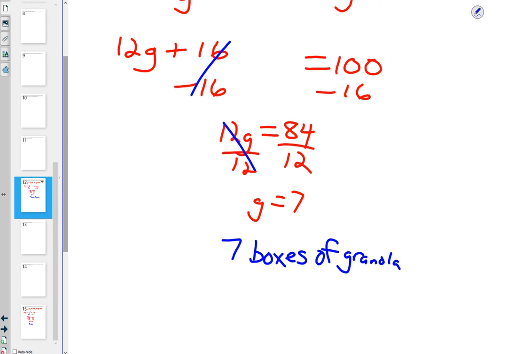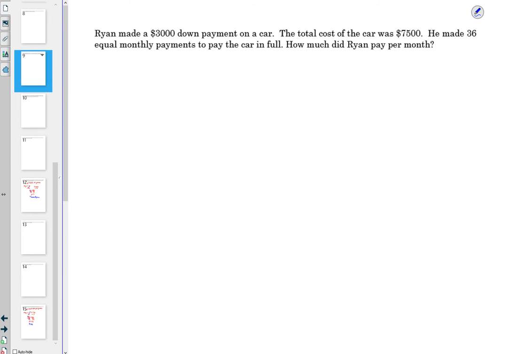This is random. This is like the little wheel of fortune. We just randomly pick one. Ryan made a $3,000 down payment on a car, and at the end we want to know how much he has to pay per month. Rosalind, do you like cars? Nah. You know this one already? Just wait. Give everybody else a chance. Donna, you got it?